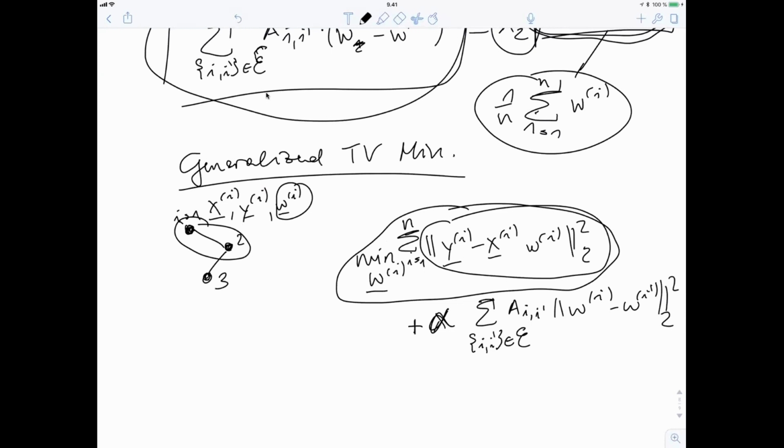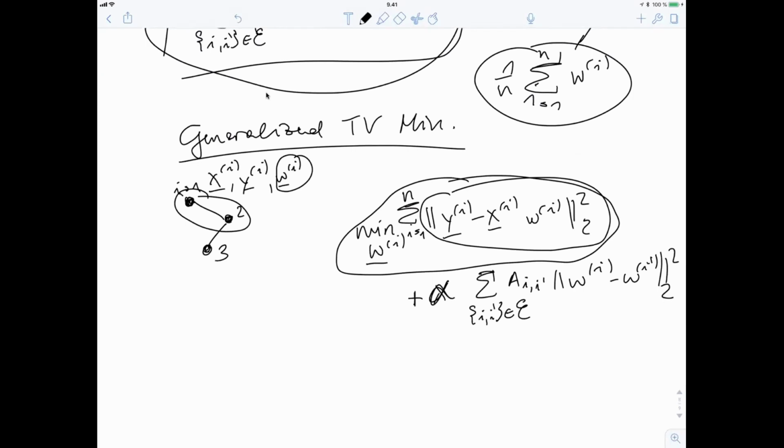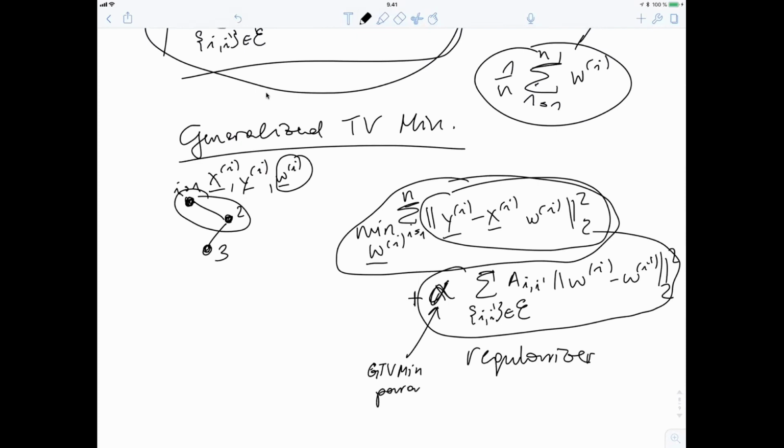It's actually an instance of regularized empirical risk minimization. So this term here is a regularizer. And we still have the interpretation of alpha. So this regularization parameter, or let's call it GTVMin parameter here, controls the amount of penalization or the strength of the coupling.